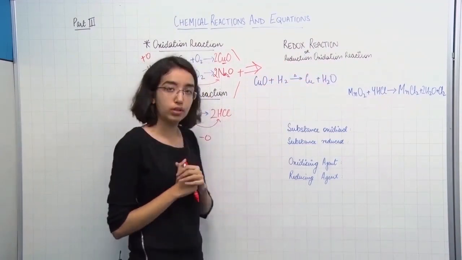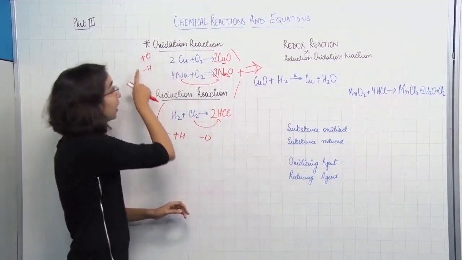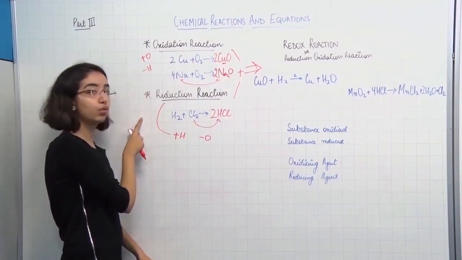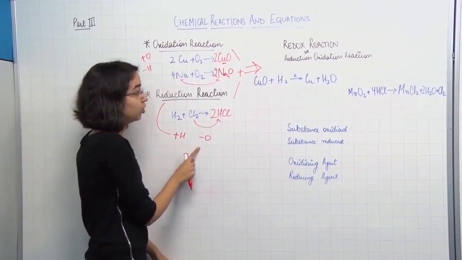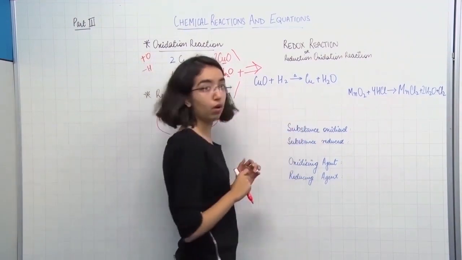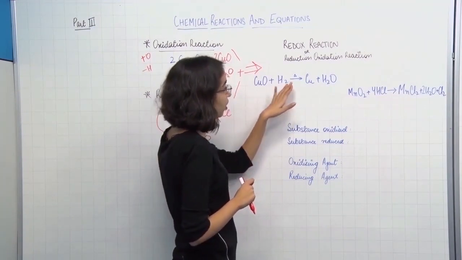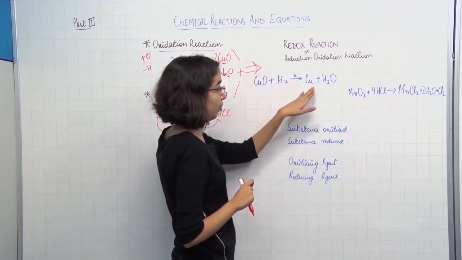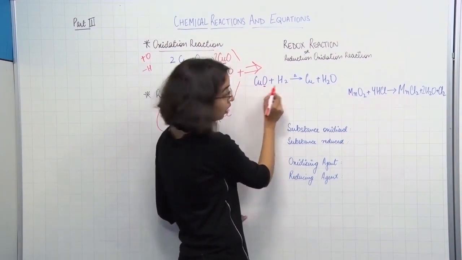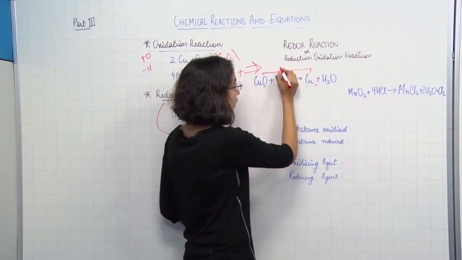What happens in redox reaction is that one substance is getting oxidized, that is gaining oxygen or losing hydrogen, whereas another substance is getting reduced, that is gaining hydrogen or losing oxygen. So let us take this one example of redox reaction. Copper oxide reacts with hydrogen in presence of heat to form copper and water. Here the copper initially had an oxygen and now it has lost it. That means it has got reduced.